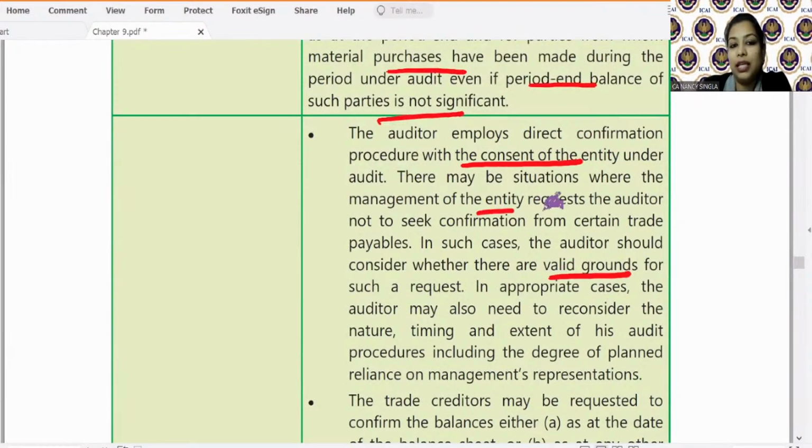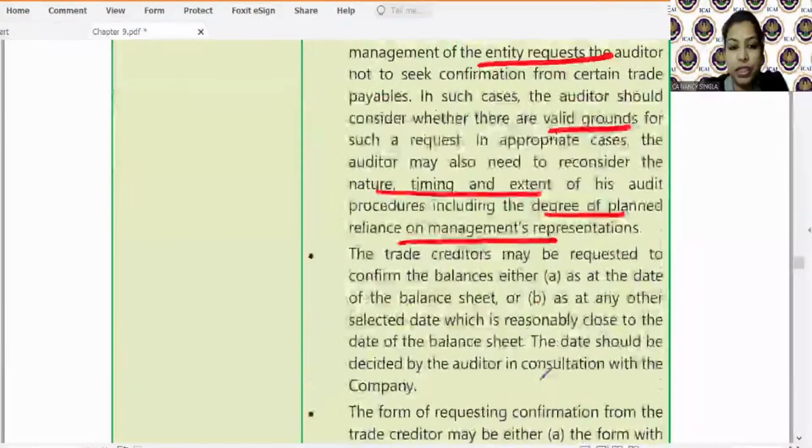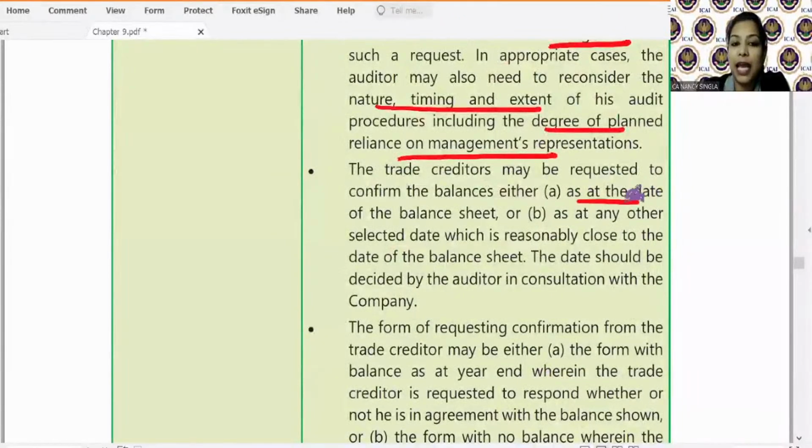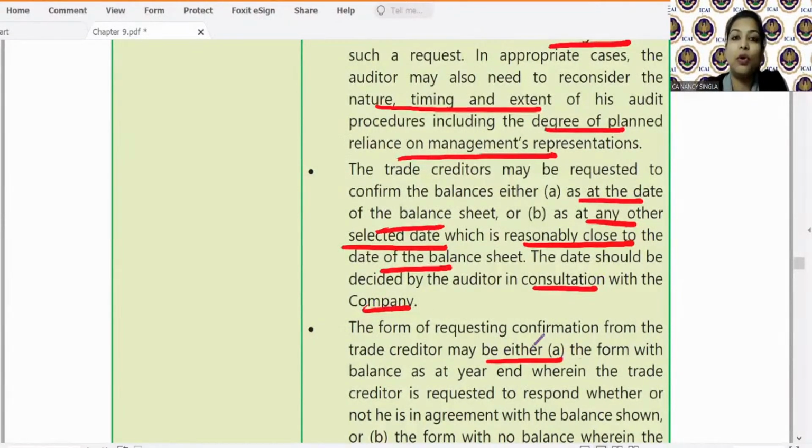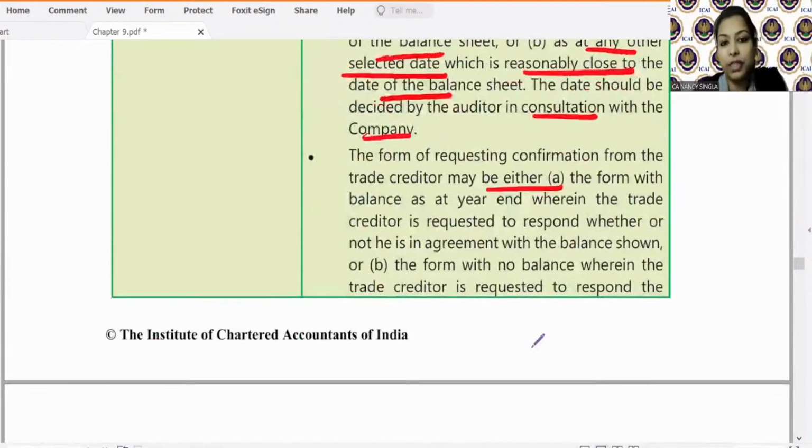Are there valid grounds or not? If the entity requests the auditor not to send a confirmation request, what are the valid grounds? Consider the impact on other procedures and on management's representation. It may be requested as at the balance sheet date or any other date selected which is reasonably close to the date of the balance sheet, in consultation with the company. What can be the form? With balance or without balance, right?